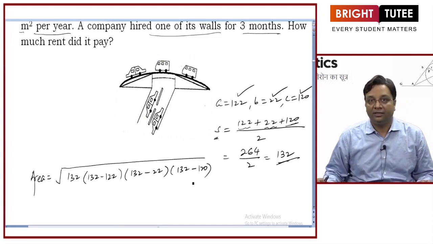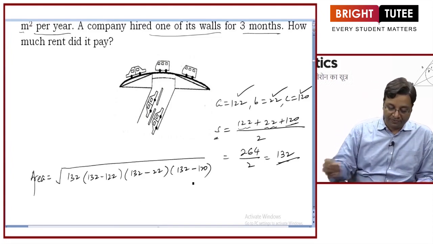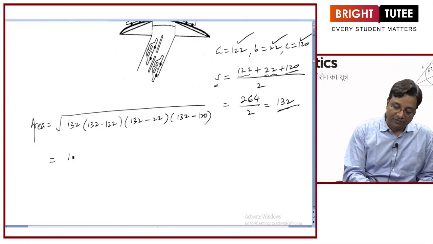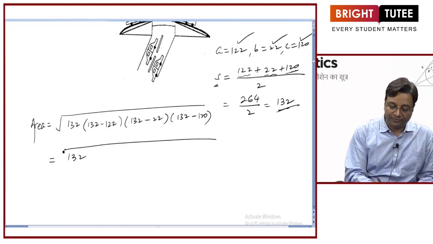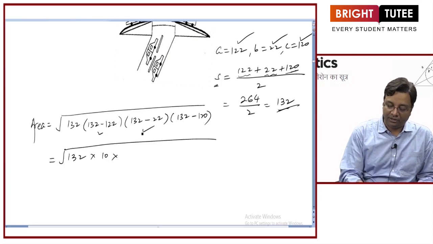So, this is the Heron's formula that I have used here. Now I can write it like this: 132 into 10 into 110 and 12.